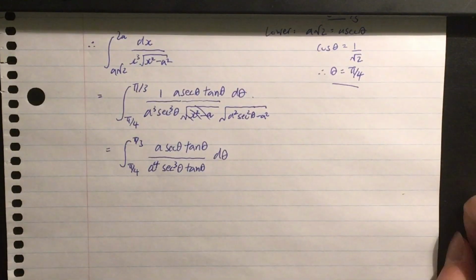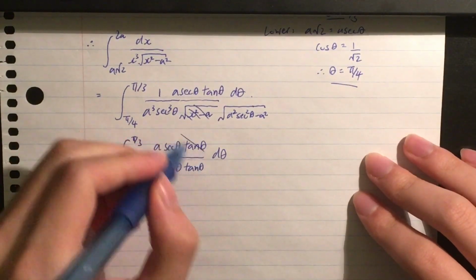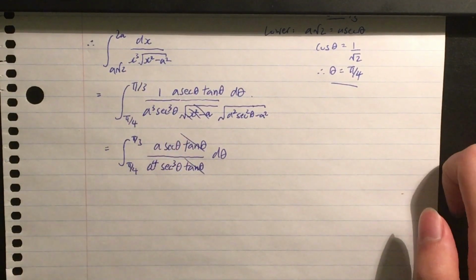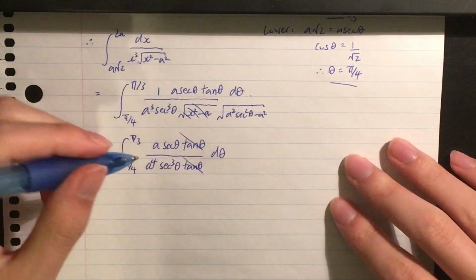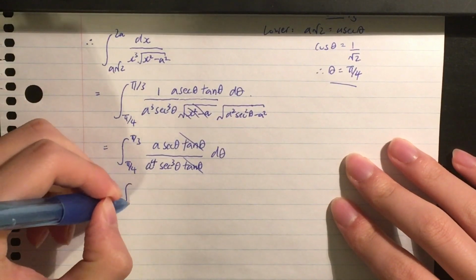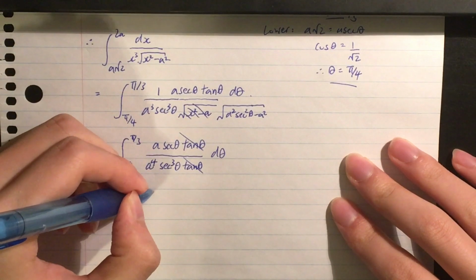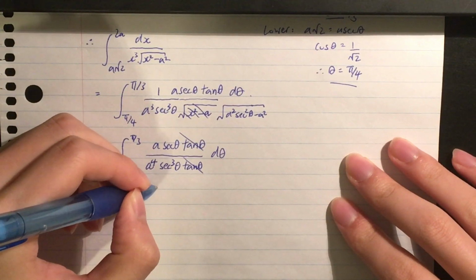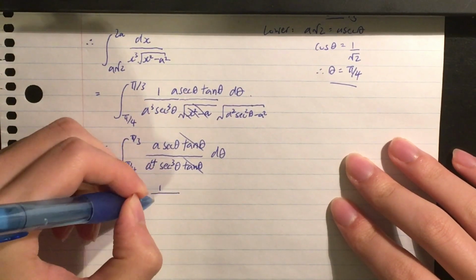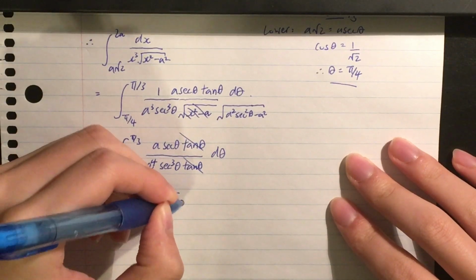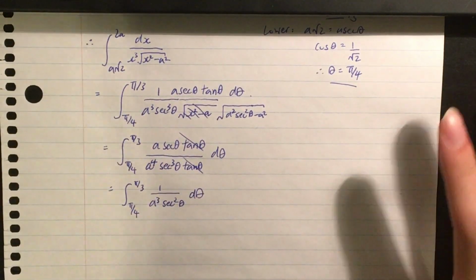Now we can see, right, this expression can simplify a good bit. We can get rid of the tangents. And this simplifies to 1 over secant squared. And we have the integral coming from pi over 4 to pi over 3 of 1 over a cubed secant squared theta d theta.